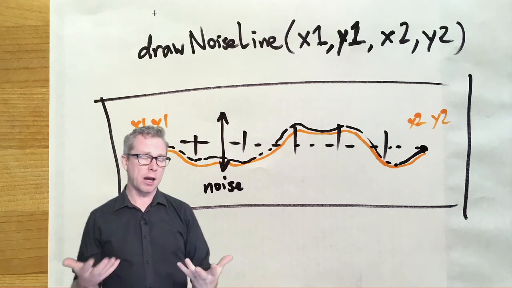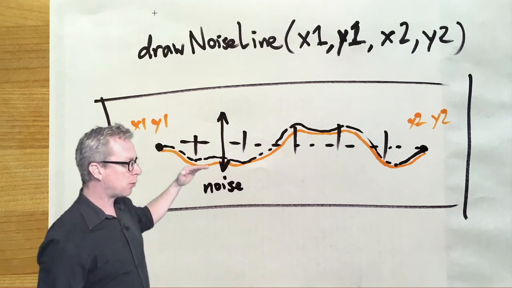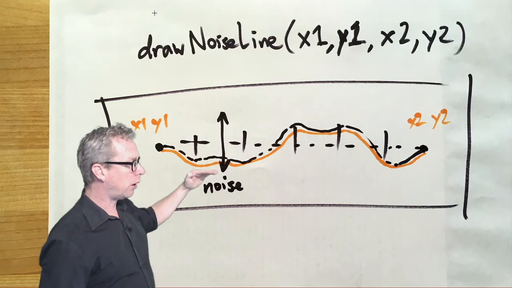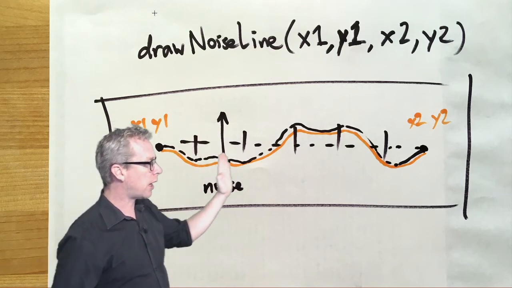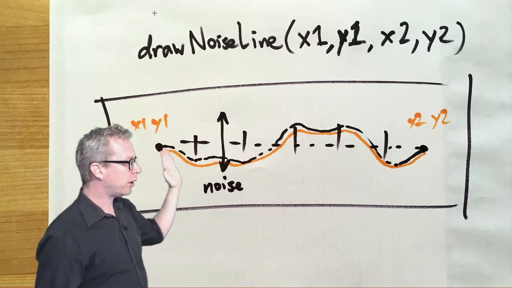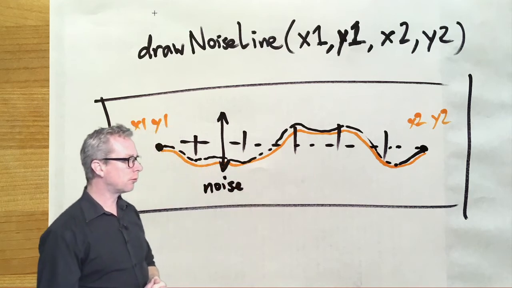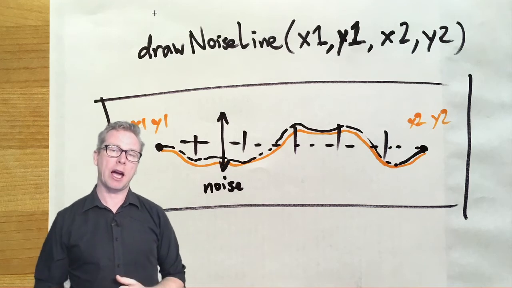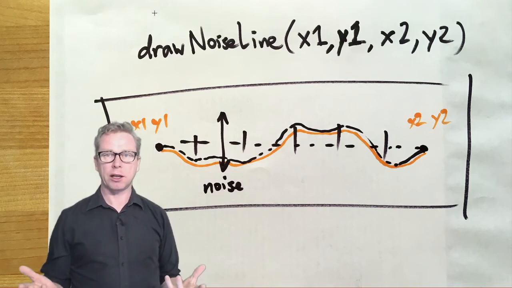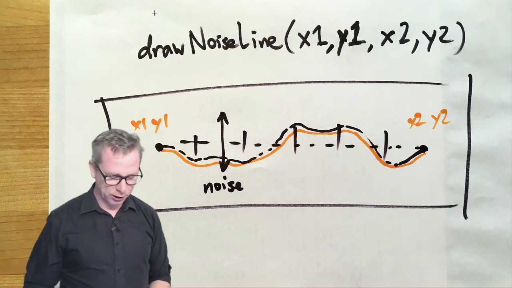And there might be other arguments that we use as well. Perhaps we have an argument to control how much variation there is in this direction. Perhaps we have another argument to say how many points we want to sample. So those are some initial steps in planning out how we would go about doing this draw noise function.